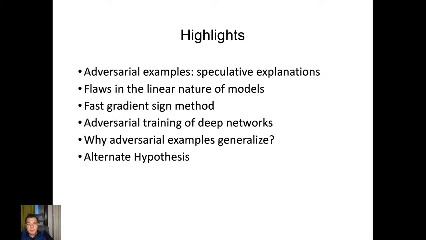So, the highlights of the paper. They mention in this paper that the previous explanations for the existence of adversarial examples are more speculative. They show actually here that the flaws are in the linear nature of these models. They also introduced a new method called fast gradient sign, which seems to produce adversarial examples more quickly.